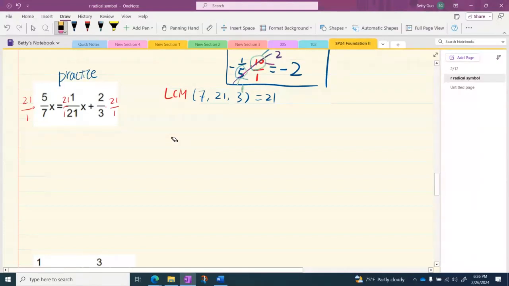If you have your answer, type the answer in the chat.